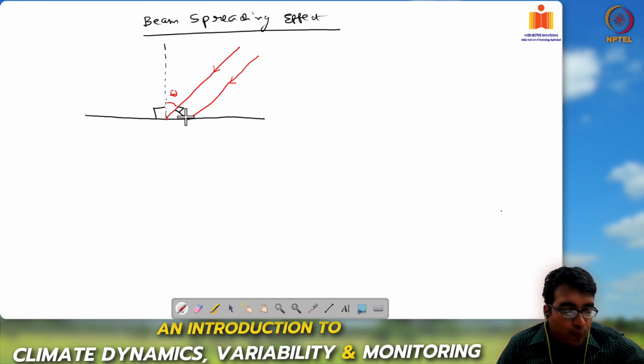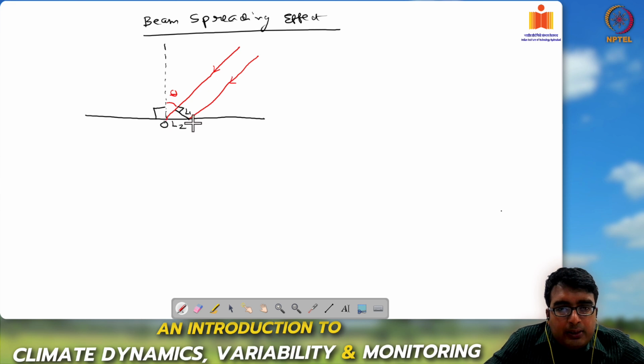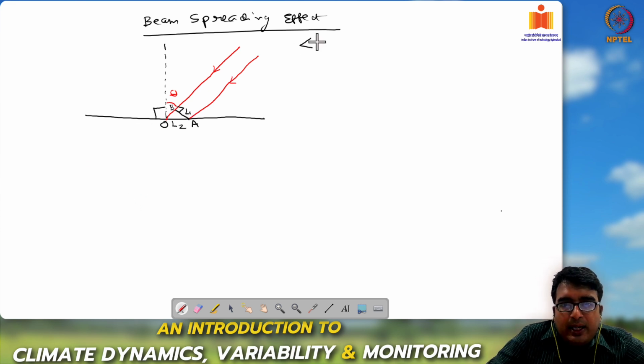So we shall consider this length to be L1 and this length here to be L2. Let's name these things. Suppose this point is O, this point is A, this point is B. So we have a right triangle OAB where angle OBA is 90 degrees.